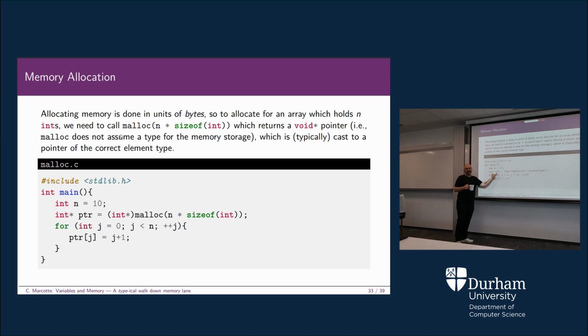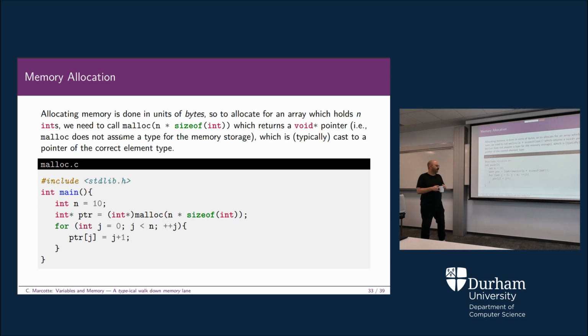Then we can work with our pointer with the correct type. And then we'll have a for loop here, int j equals 0, j less than n, ++j, pointer[j] is j plus 1. So even though you've had to go through the pointer direct memory access route for the allocation, you can still manipulate things by index. I encourage you to do so.